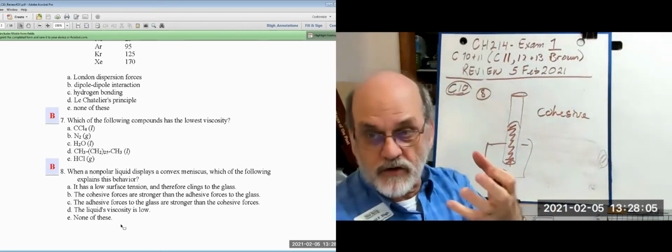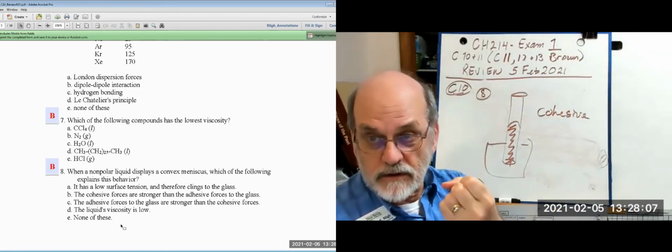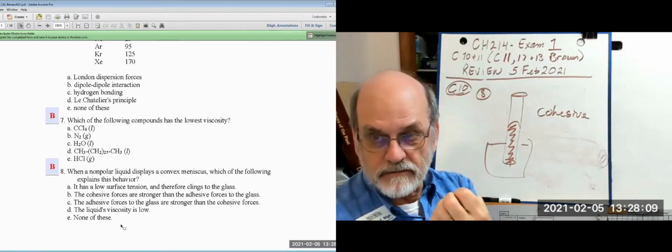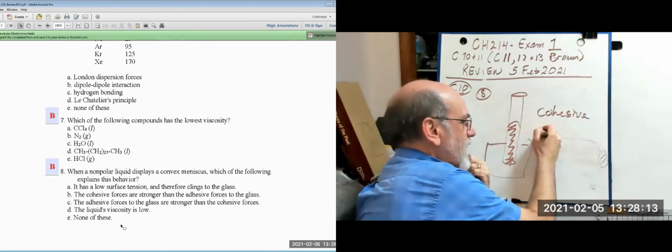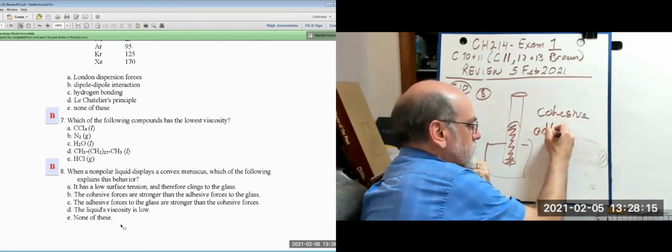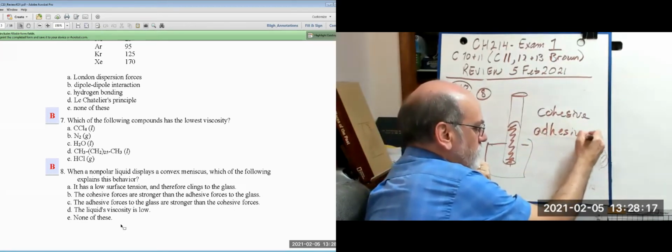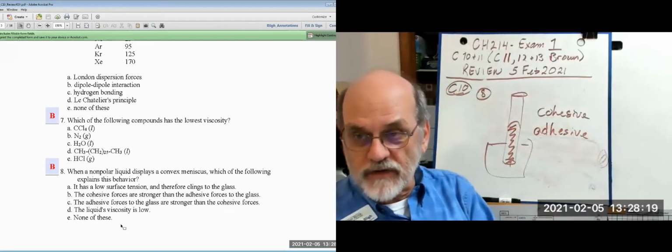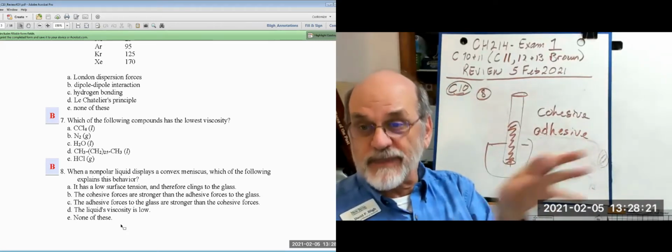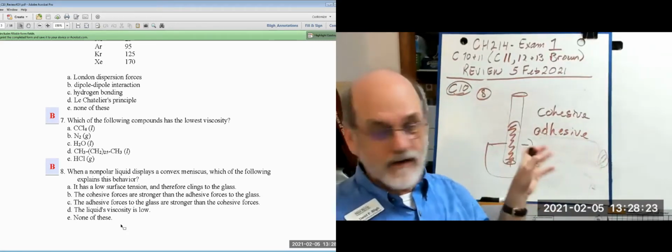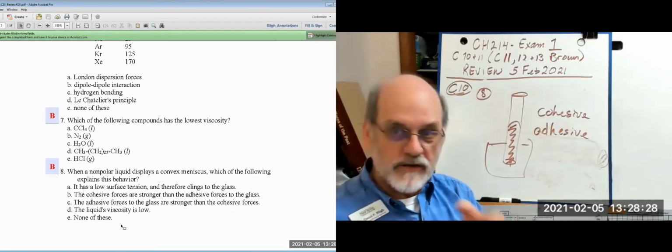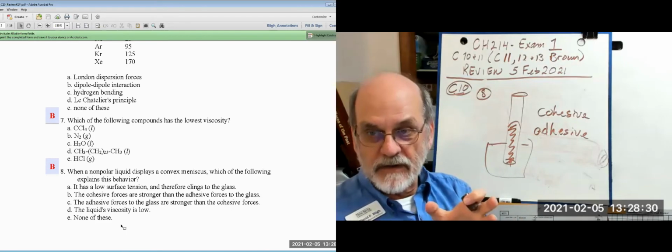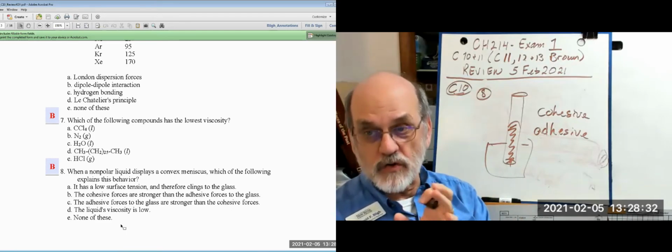Those are the ones that are drawing the liquid into itself, forces among the liquid molecules. And there are adhesive forces. Those are the ones where the liquid is attracted to something else. And the only something else here is the walls of the tube, right? So when those two compete, one of them usually wins.